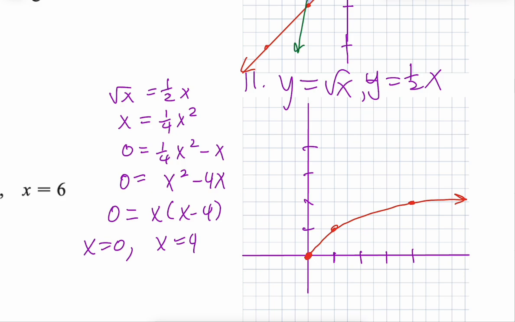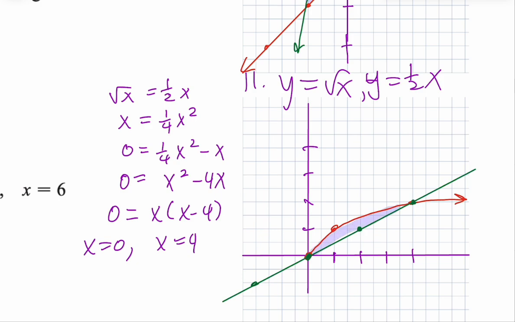And then y equals 1/2 x is a line that starts at 0, 0, has a slope of 1/2. So up 1 over 2, up 1 over 2. Try to make that nice so that you can really see what's under and what's over. That's why stretching these out is very helpful. And so we get that little chunk right here.